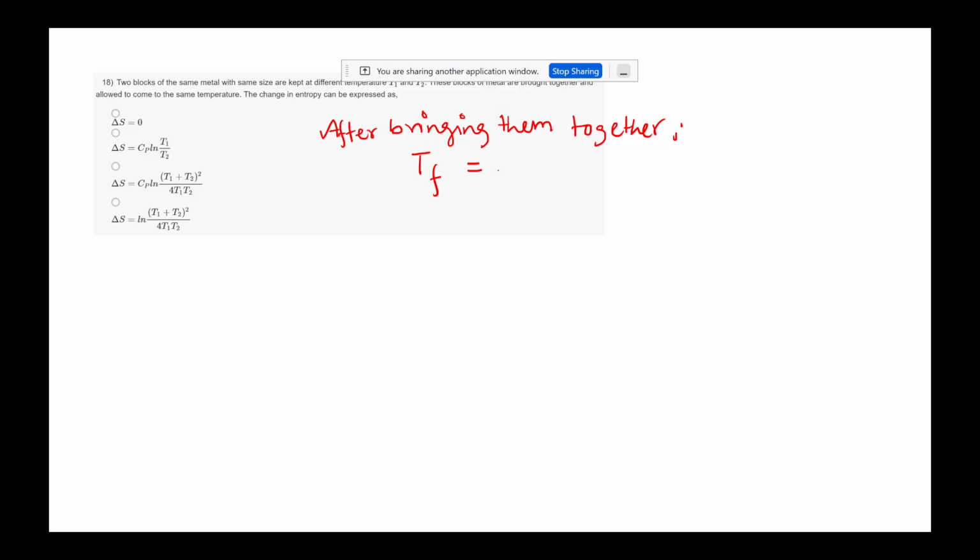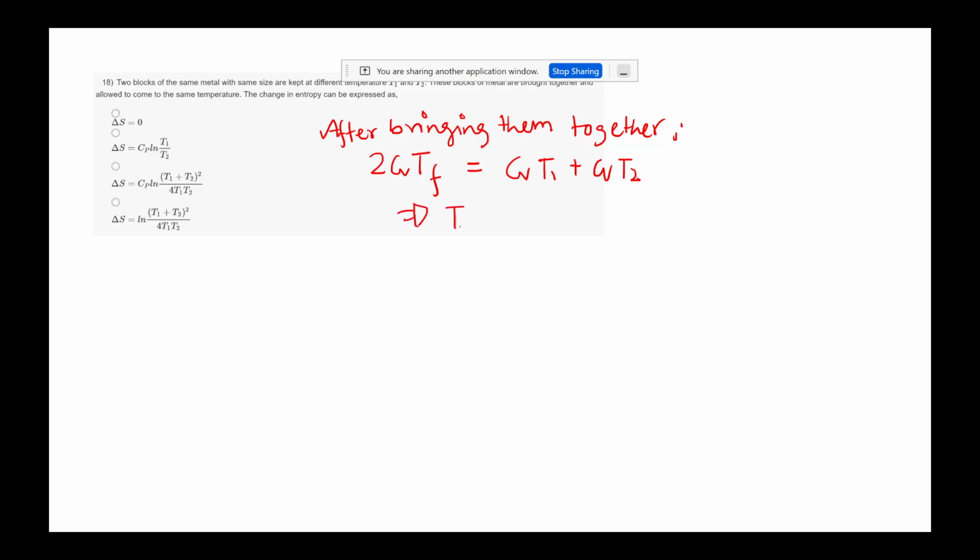Okay, let me tell you. Let's say this is CV TF. So for two rods, this will be 2 CV TF, equal to CV T1 plus CV T2. The change in heat will be the same thing here.